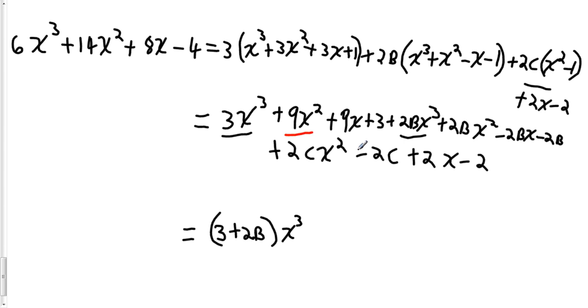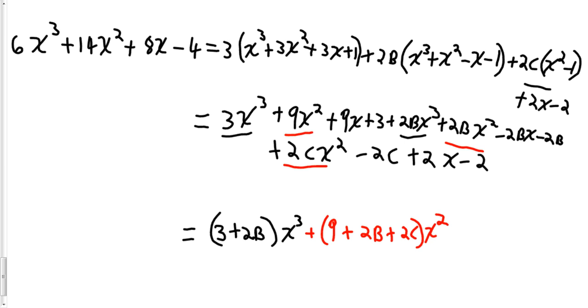Here's an x squared, and here's an x squared, and here's an x squared. So for x squared, I have plus 9x squared, and a 2b x squared, and I also have a 2c x squared. So those are the terms that involve x squared.